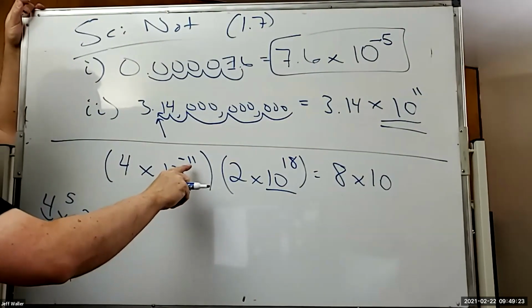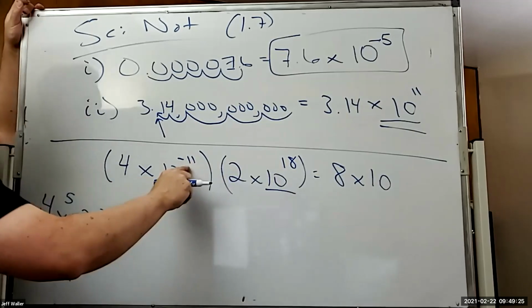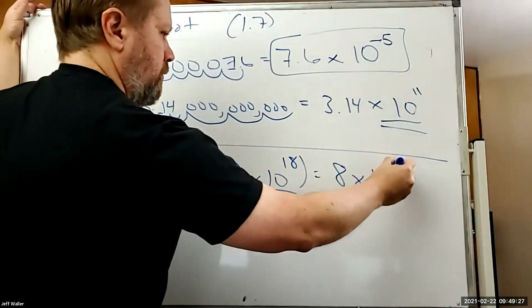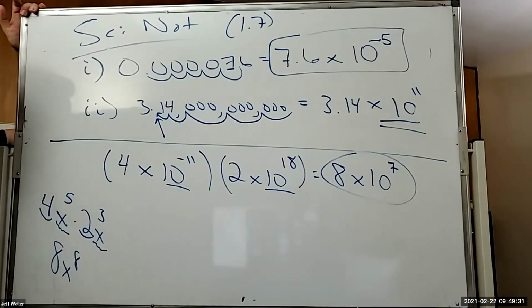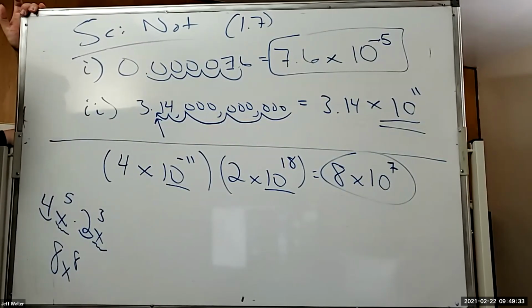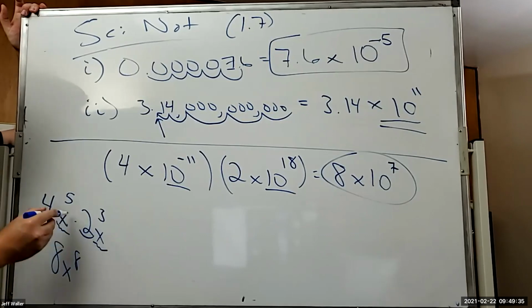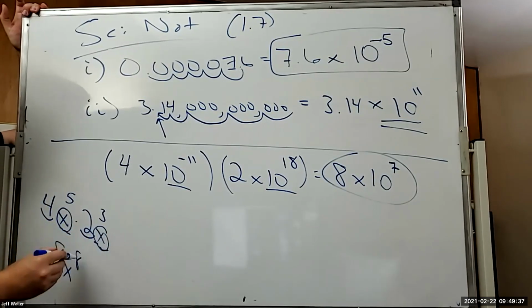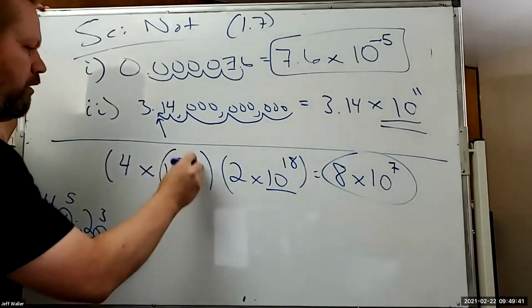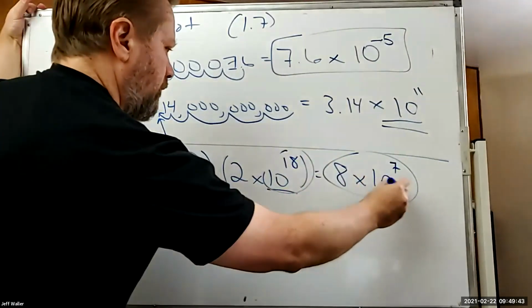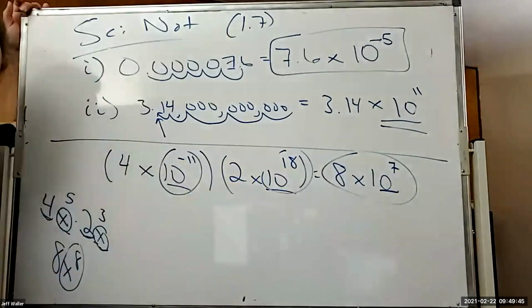Good. 18 minus 11 would be 7. Done. So the way this works is I collect all the x's and then the numbers I multiply. Here I collect all the 10s and the numbers I multiply.